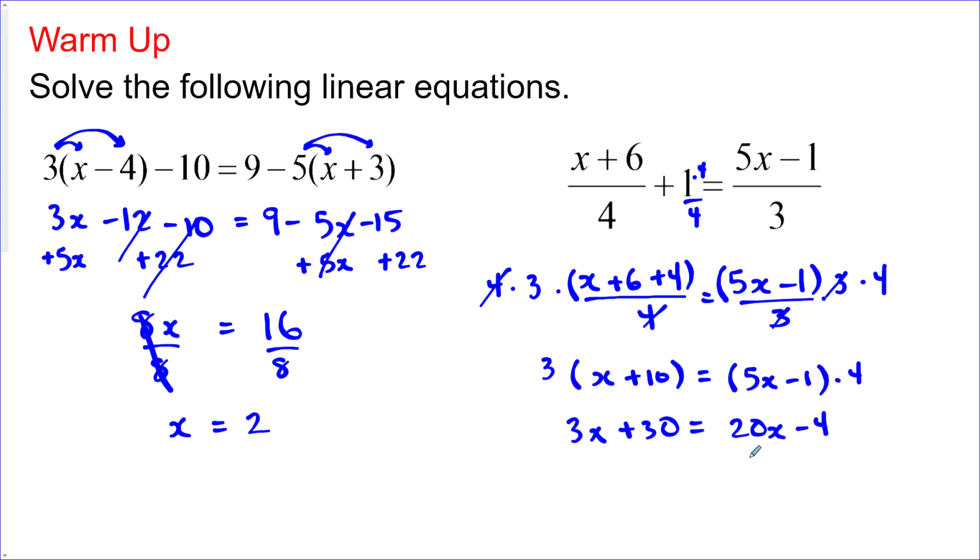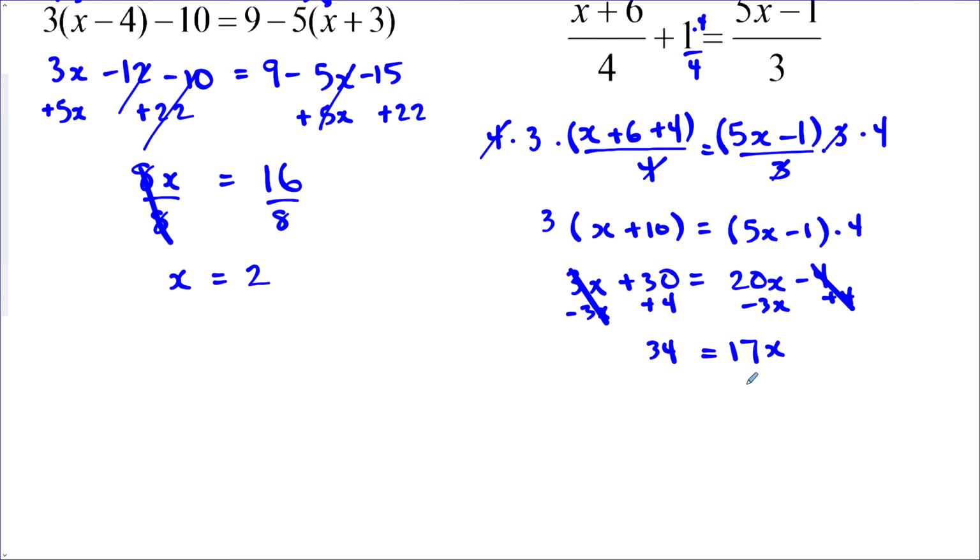Let's collect up the x's on this side, so minus 3x on this side and this side, and add 4 on that side and this side. That means we get 34 is equal to 17x, and divide both sides by 17, we get that x is equal to 2.